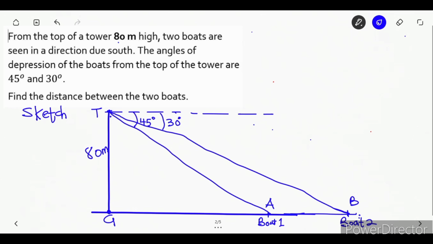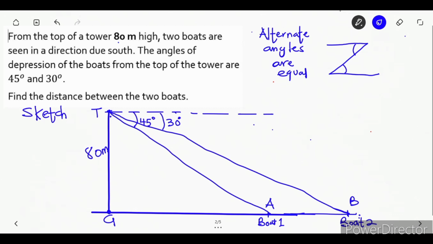So there is this theorem, or this trigonometric rule that deals with angles, which says alternate angles are equal. It means two angles formed within the corners of a Z are equal.